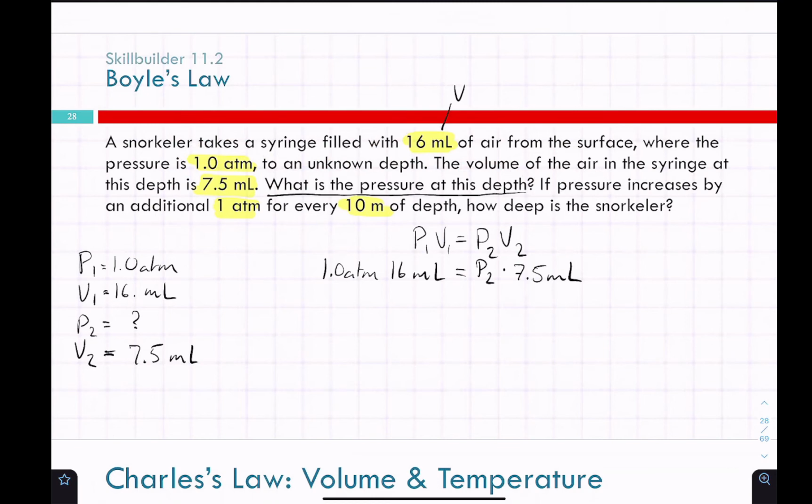That won't always be the case. So we're going to get 16 atmosphere milliliters equals P2 times 7.5. All right, and then divide both sides by 7.5.